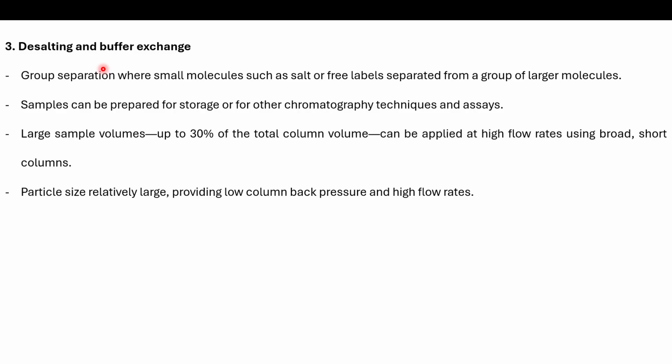You will eventually get only your protein of interest, and then you can buffer exchange to an appropriate pH buffer and store it for longer time periods.